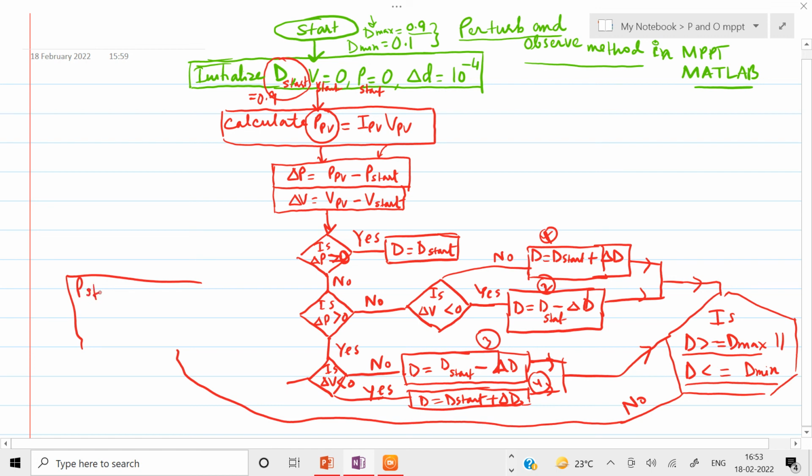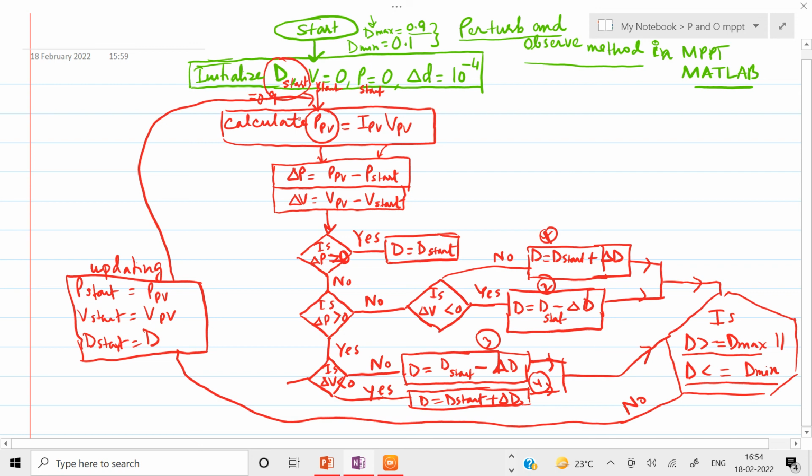Now P start would be equal to PPV, and V start would be equal to VPV, and D start will be equal to D. So updating of the values, and then again it will go back to this step wherein the power is again calculated. Okay, did you understand this?